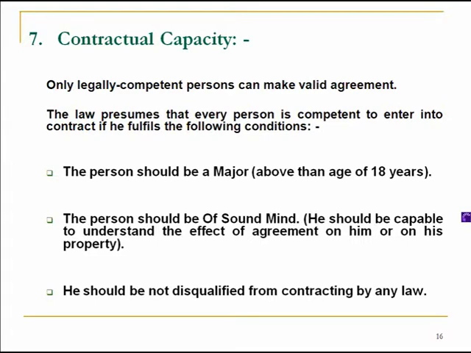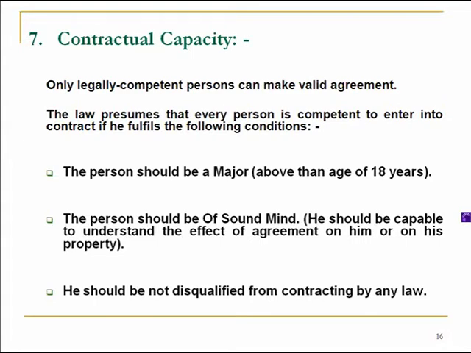So what is the criteria to understand who the competent parties are? Basically, there are 3 points. First, both the parties should be major. Means according to the Indian Majority Act, they should be above 18 years of age. Second, the person should be of sound mind. Means he should be capable of understanding the effects of the agreement on him.